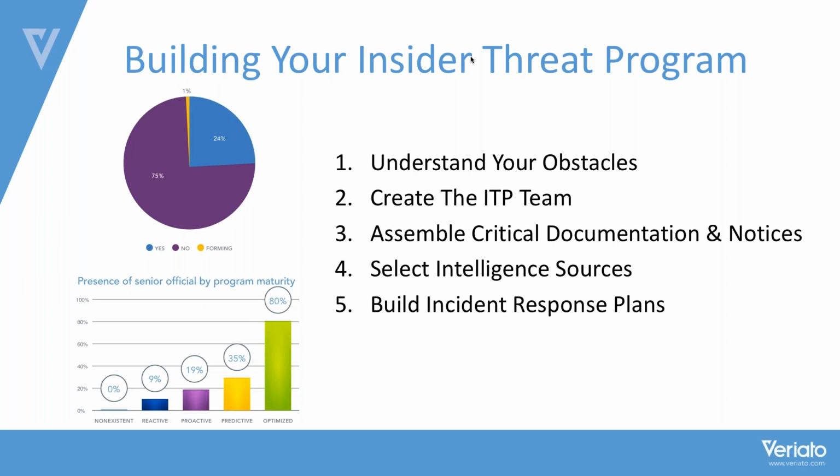You start to build response plans, and those plans include things like notify HR or notify the security team, review their activity for the last 30 days, or, in the case of someone who's put in notice, begin monitoring them now until they leave. There are very tactical things that you'd want to do, and you want to have a plan of how that's going to work, who's responsible for it, and who needs to be notified if it looks like they might be doing something bad. Who do you talk to? You want to have all that in play.